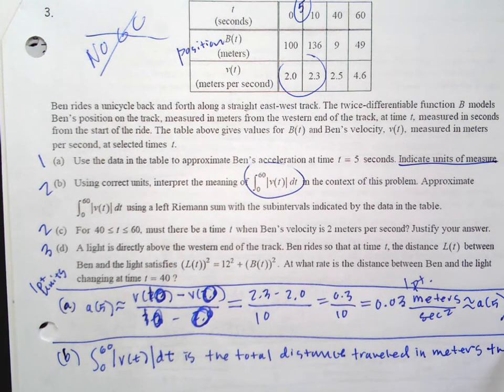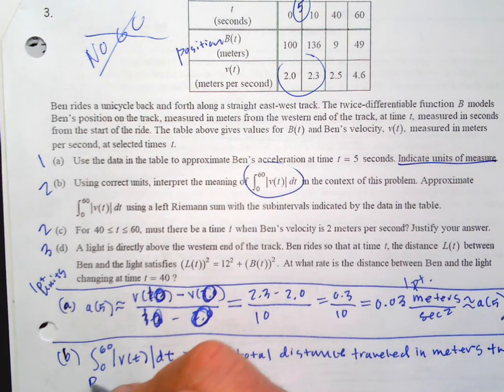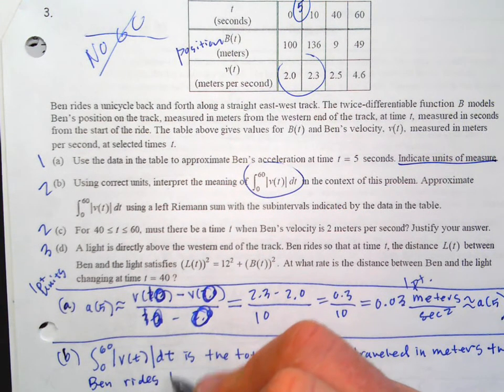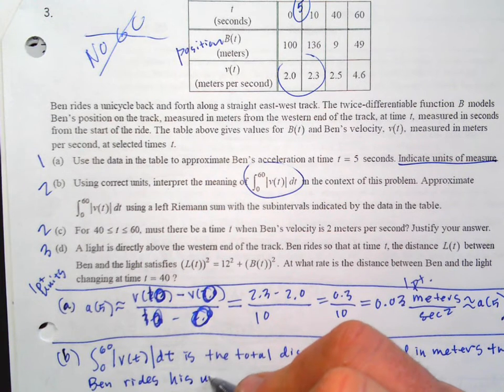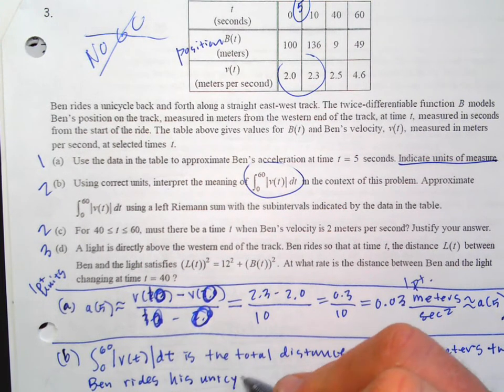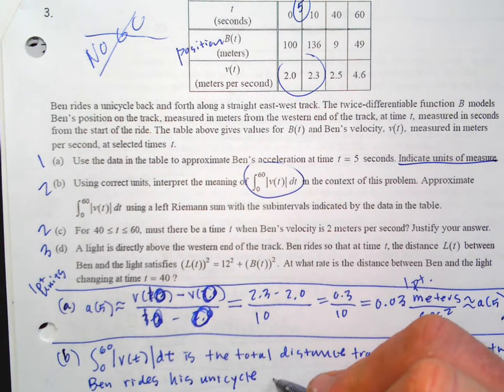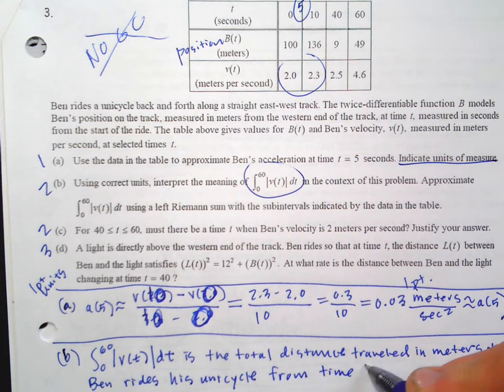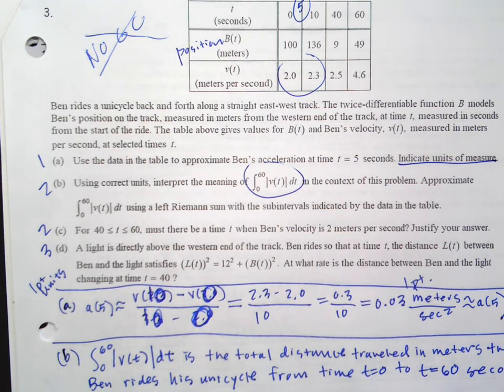That Ben rides his unicycle. It said in the context of the problem, so you should be talking about Ben and his unicycle, riding it from, and you've got to say when, time t equals 0 to t equals 60 seconds. Now, if you leave any of those units out, you're losing a point.